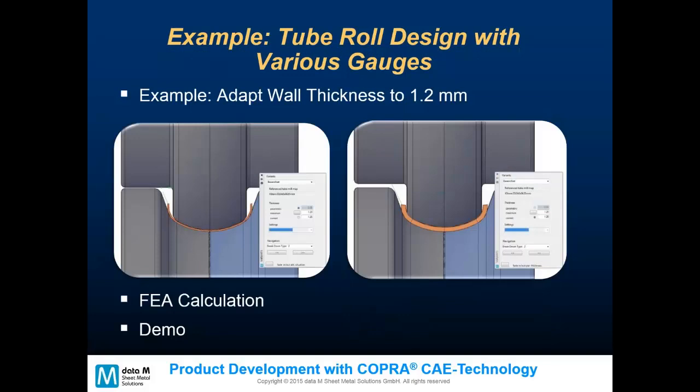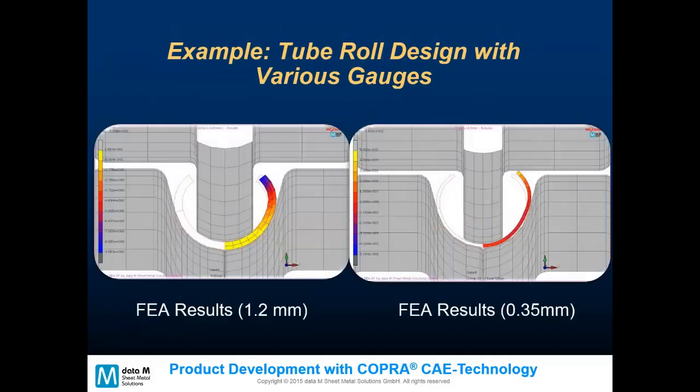So here you can see how the software is dealing with the gauge variation here in the base roll set changes in the COPRA RF environment. So you can see we can very quickly and easily adapt our material thickness. And here you can see the differences we can find in our FEA results between 1.2 millimeters and 0.35.